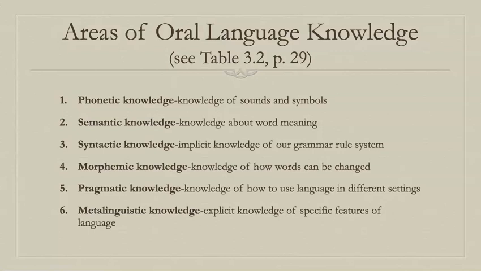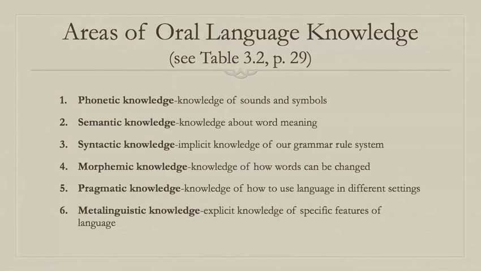Syntactic knowledge has to do with grammar, and it has to do with knowing the rules of the language system that you're speaking, and knowing that you say, for example, the house is big versus saying the biggest house, right?